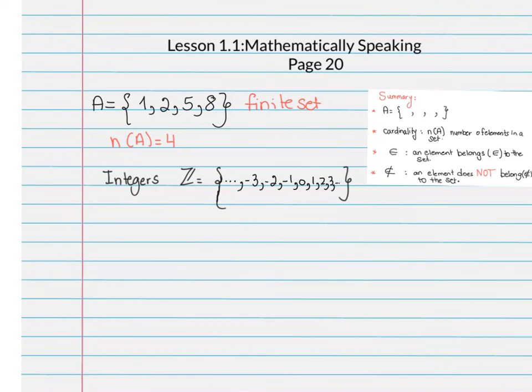As you can see here, I do not have a specific number of elements. So I do not know the cardinality of the set of integers. For this reason, we say that the set of integers is an infinite set. An infinite set means I do not have a specific number of elements.